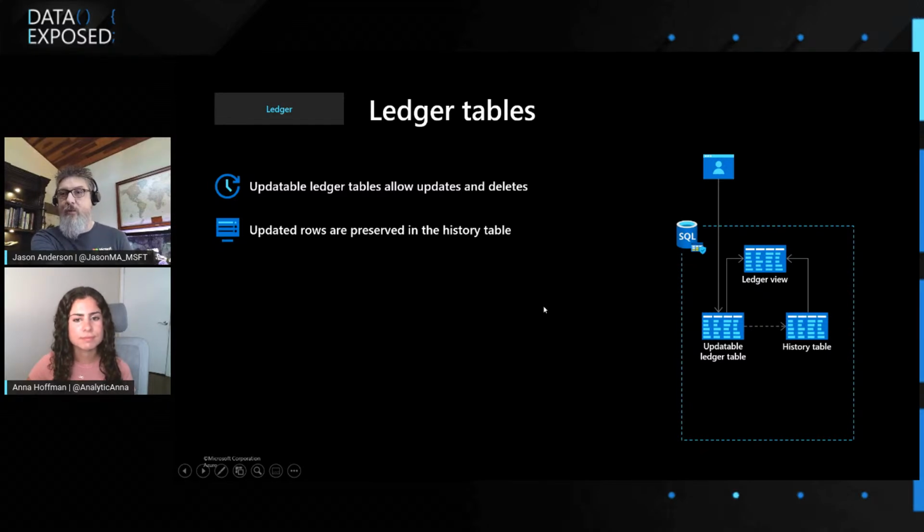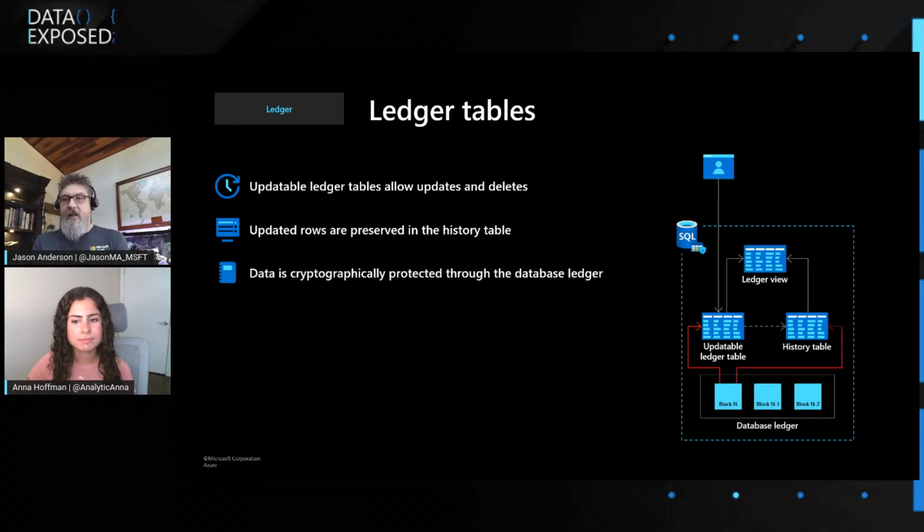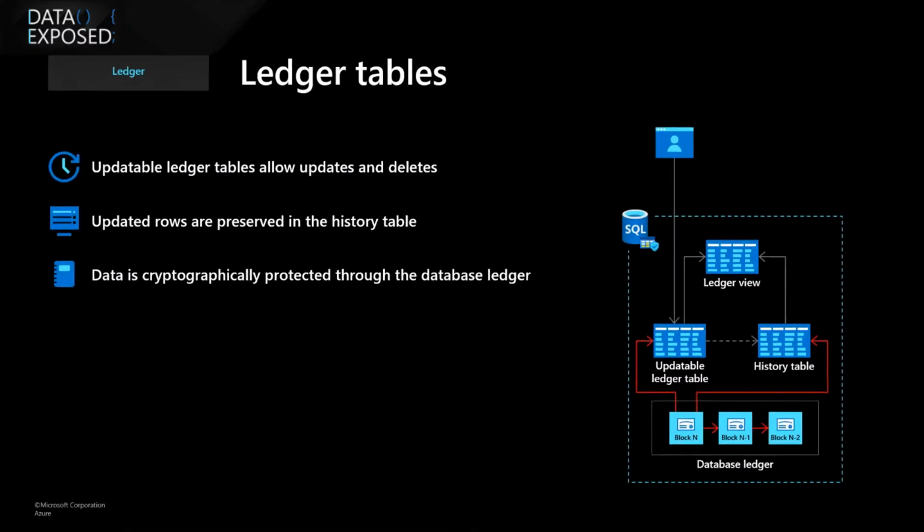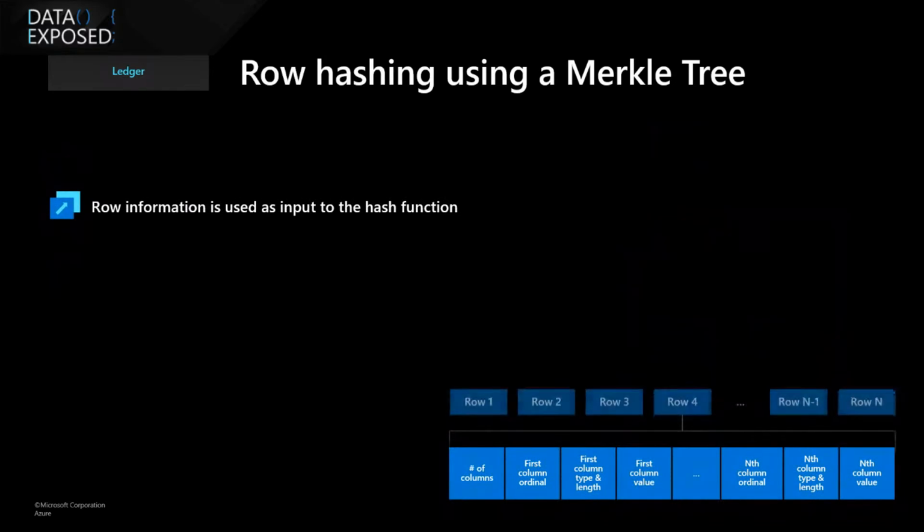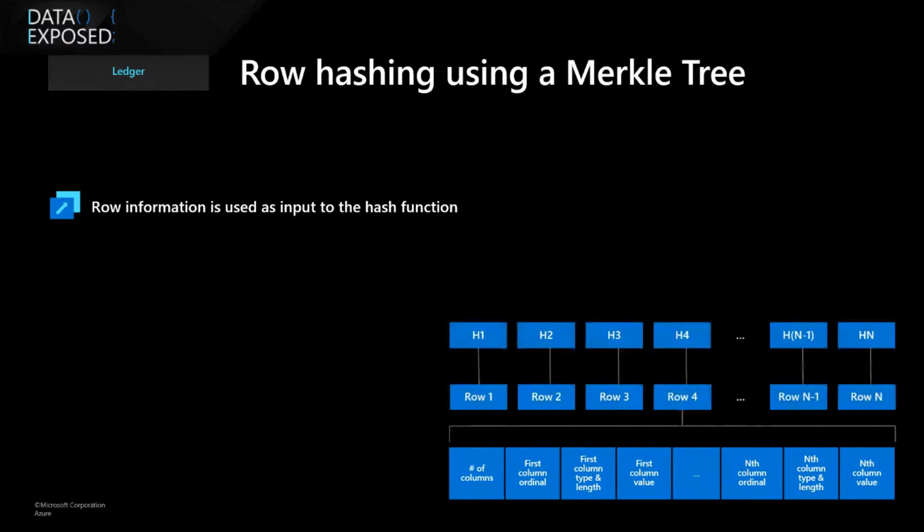Let's talk about the cryptographic elements that are involved here. So what I'm showing is a logical diagram of what we call the database ledger, which is effectively a blockchain data structure. So the data itself is cryptographically protected through the database ledger using cryptography, SHA-256 specifically, as well as what's called a Merkle tree. So let's talk about what a Merkle tree is, otherwise known as a hash tree.